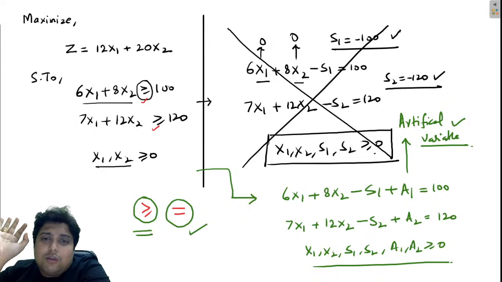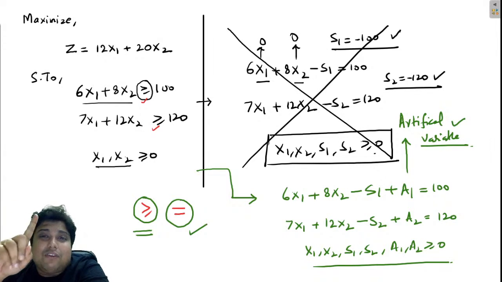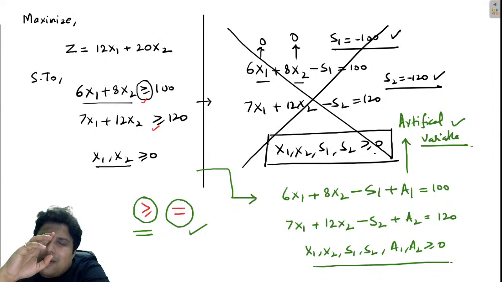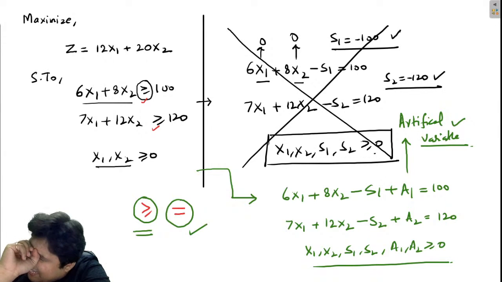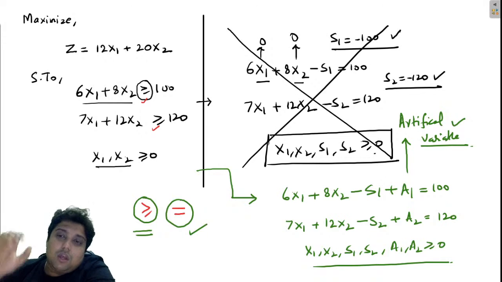Remember, I told you that a slack variable has significance, and I will explain that when we deal with the concept of duality in LPP in a couple of classes. But an artificial variable does not have any significance. It is completely fake.